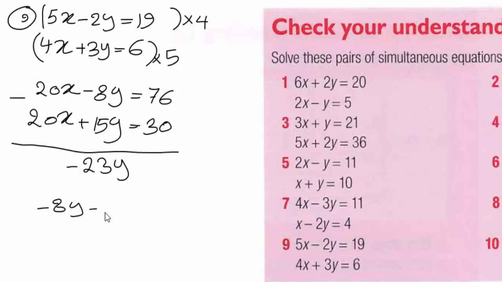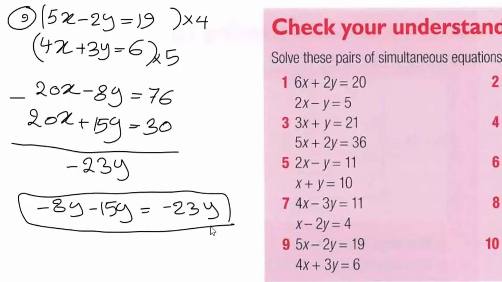With the plus, the minus remains. That gives negative 23y. They have the same sign, we add them with the same sign. Now, this is not a part of the solution. What we need is the right side, we have to subtract these two as well. 76 minus 30 is equal to 46.